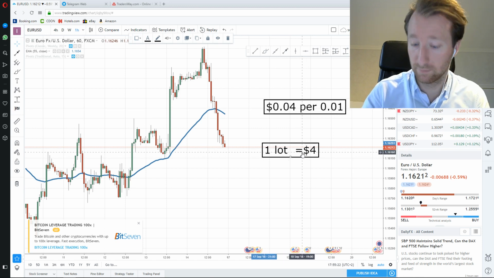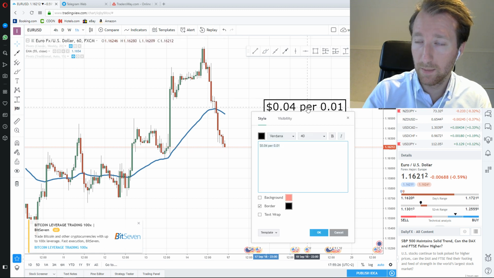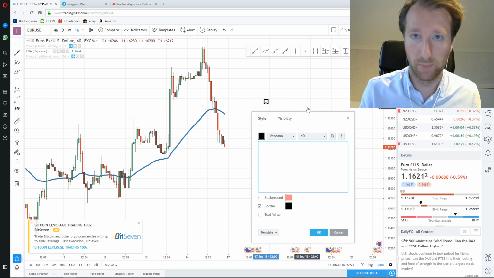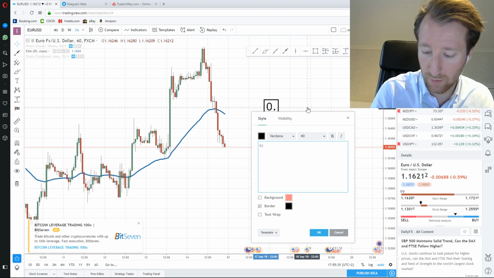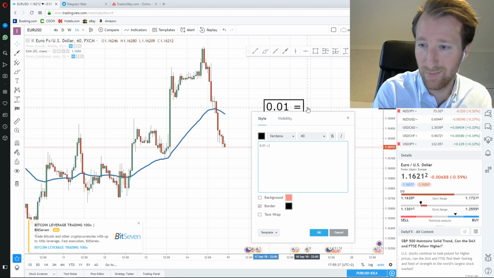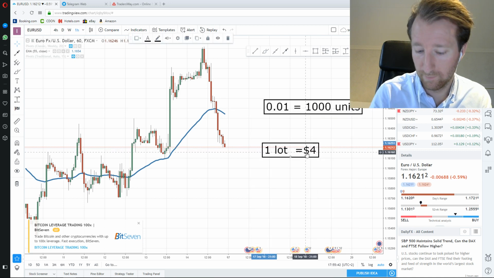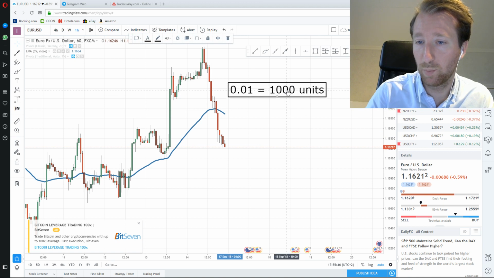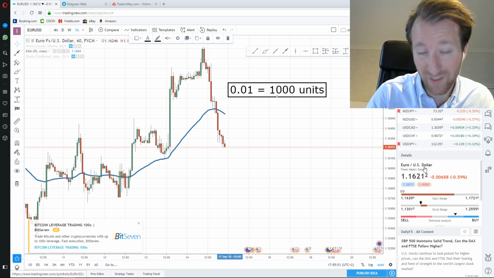So what is a lot? A lot is basically the amount that you're buying of one thing. As I mentioned, 0.01 is the same as 1,000 units. When you place a trade, you buy 1,000 units of the euro, and you sell 1,000 units of the American dollars.